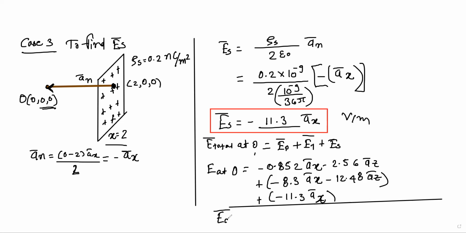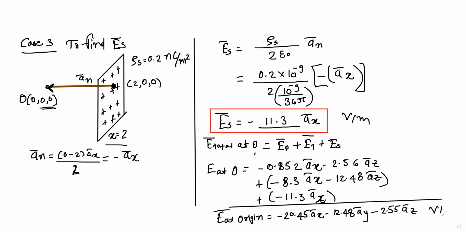E bar at origin is equal to minus 20.45 a bar x minus 12.48 a bar y minus 2.55 a bar z.